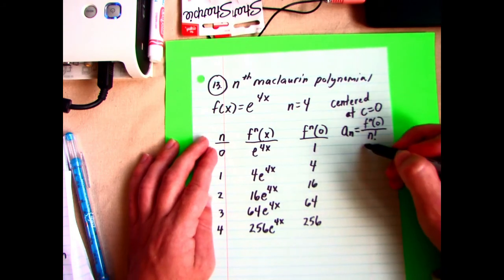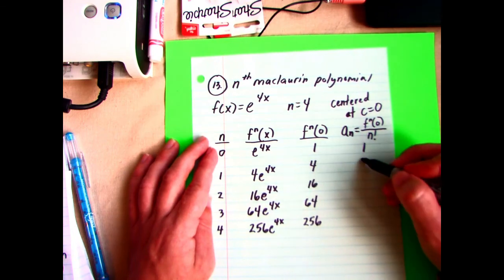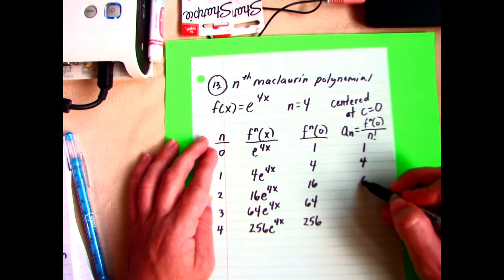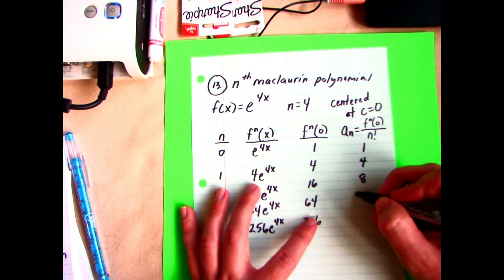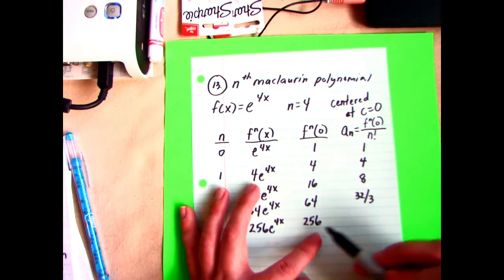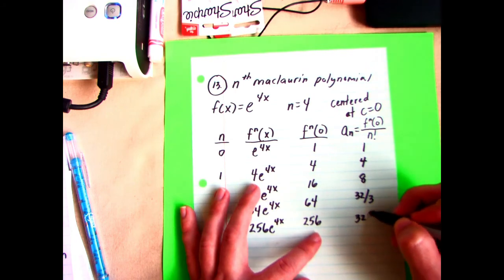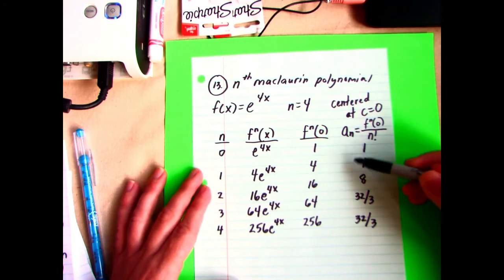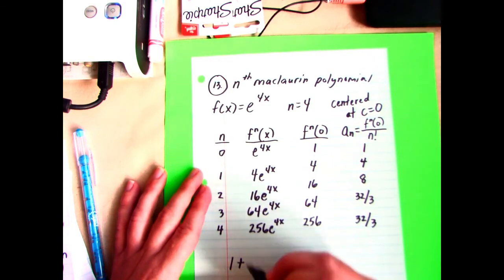Well, when n is 0, 0 factorial is 1, so we're going to put it over 1. 1 factorial is also 1. 2 factorial is 2, so 16 over 2 is 8. 3 factorial is 6. 64 over 6 reduces to 32 over 3. And 4 factorial is 24, so that also reduces to 32 over 3. So those are the coefficients of each term.